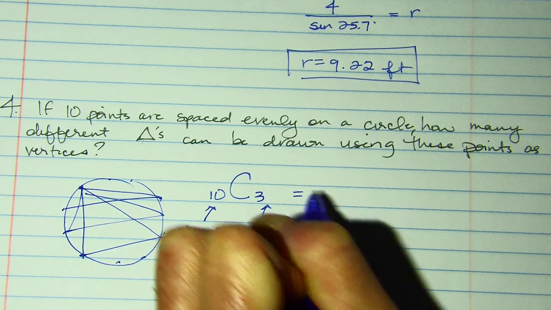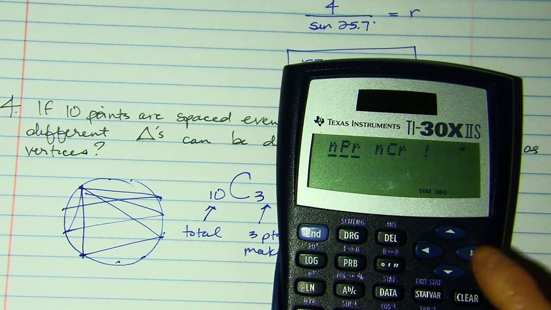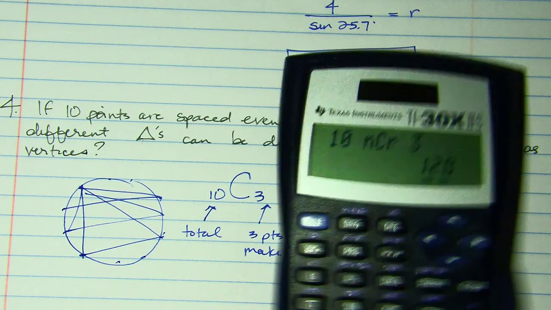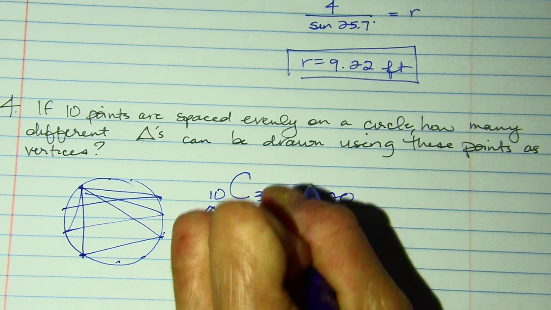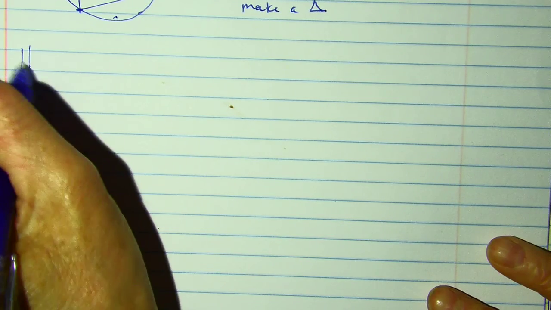So 10C3. Remember in your calculator, you enter 10, probability, hit nCr, and then 3, and I get 120. So there would be 120 triangles. That should cover all the problems you see from this section.